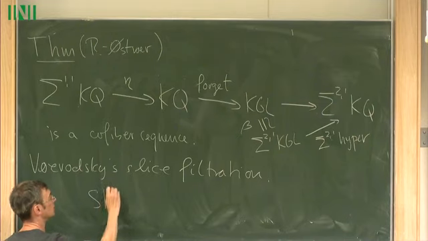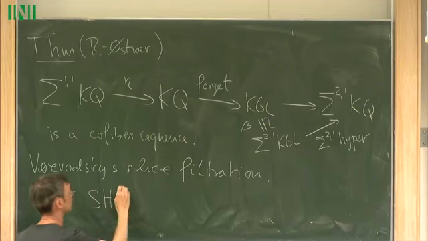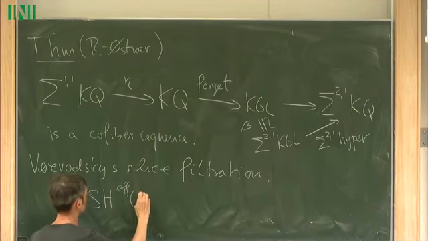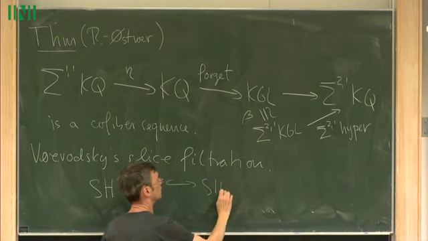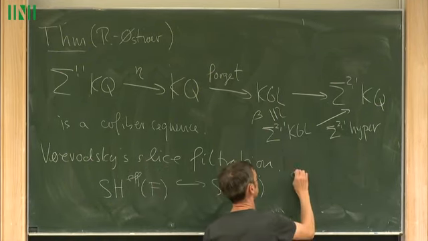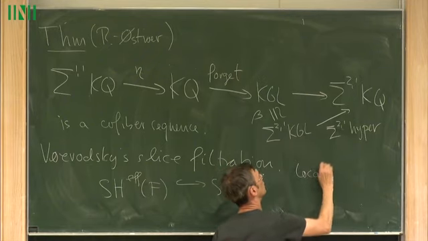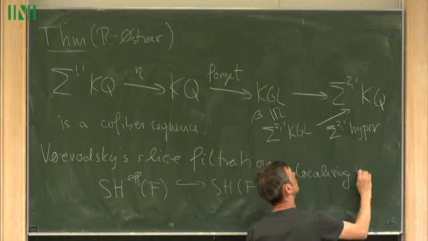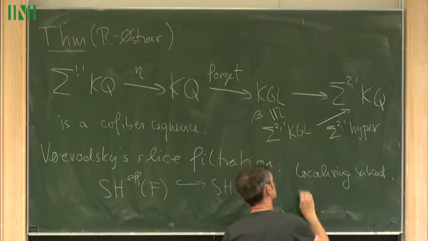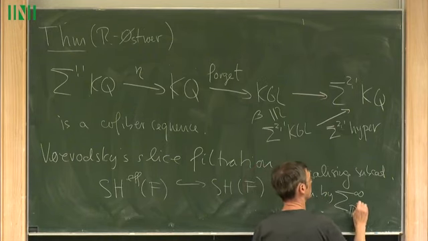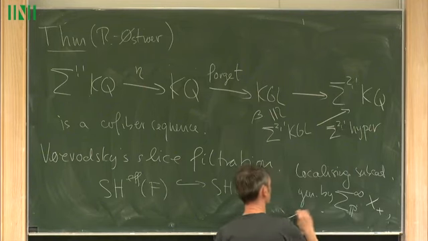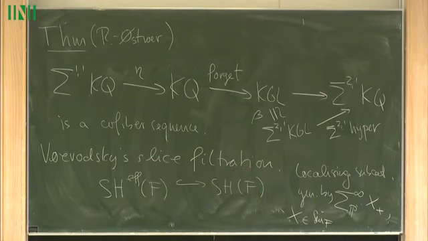You consider the localizing full subcategory of effective P1 spectra, generated by suspension spectra of smooth schemes. And it's a triangulated subcategory.